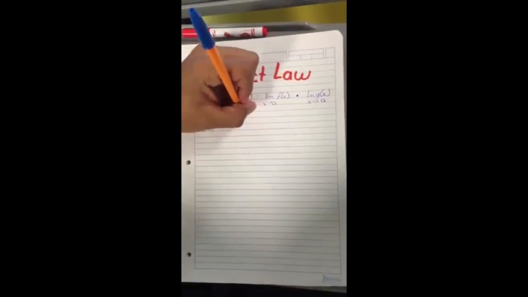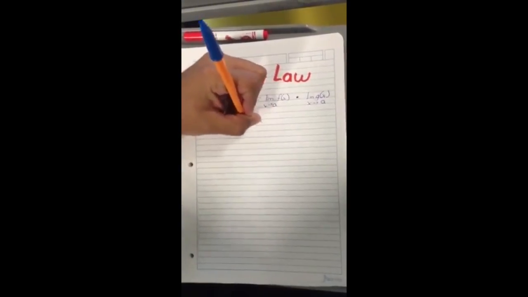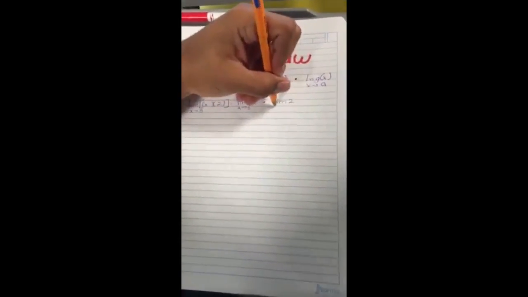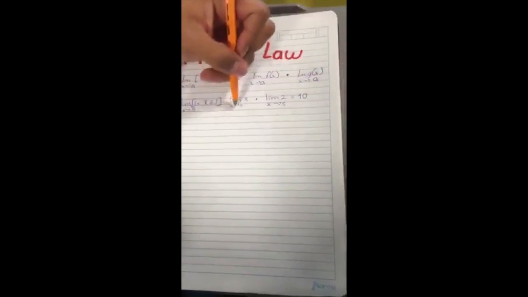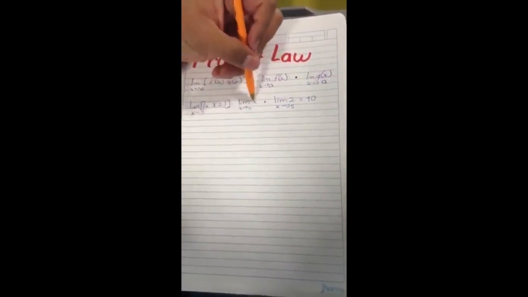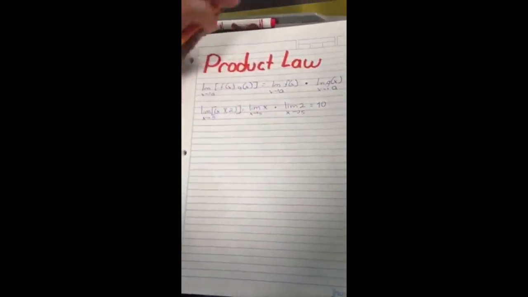This will be equal to the limit of x approaching 5 times the limit of 2 when x is approaching 5, and this will be equal to 10 because we substitute the 5 in the x and we just make the simple operation.